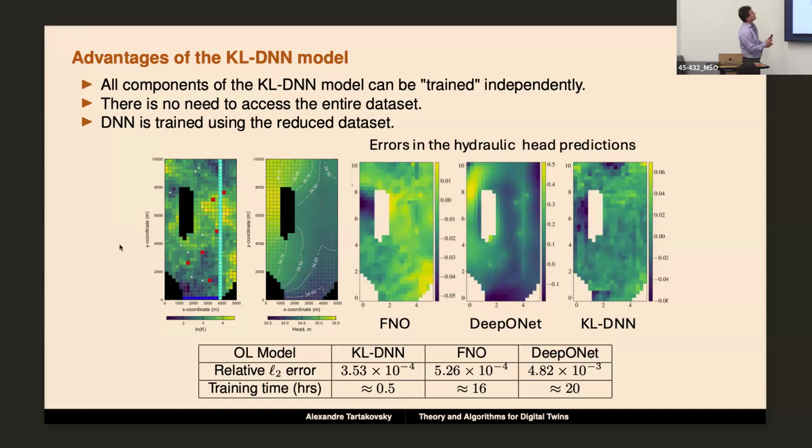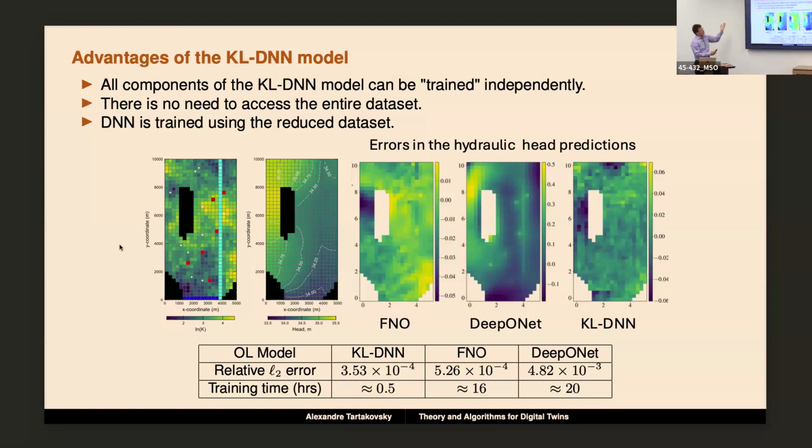So again, the advantages: all parts can be trained independently. There's no need to access the entire data set, and the DNN, the most difficult part in training, can be done using the reduced data set.